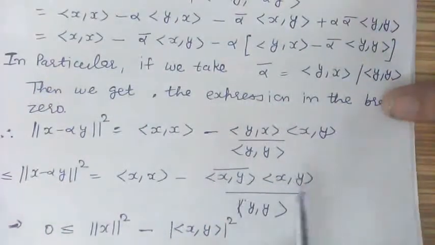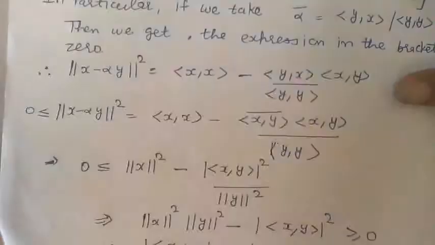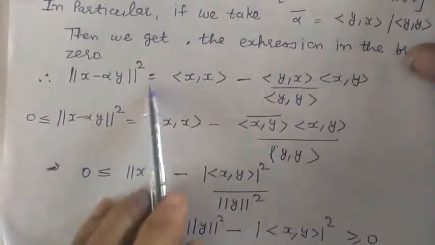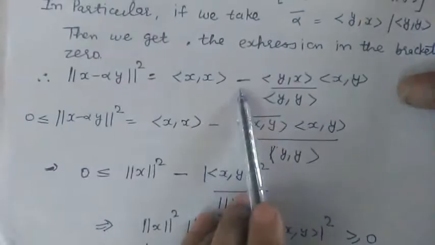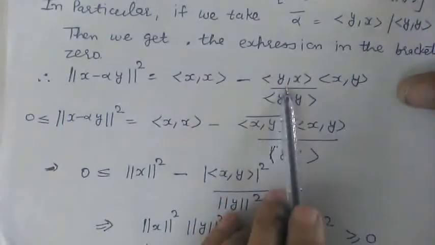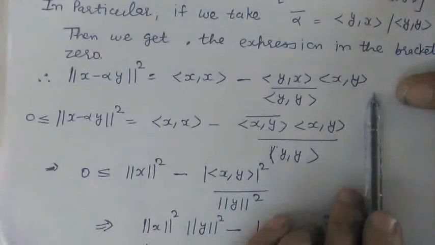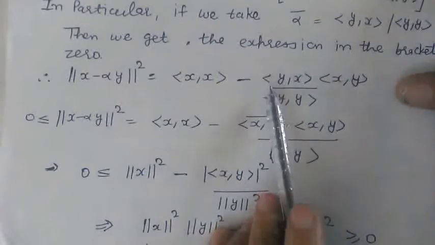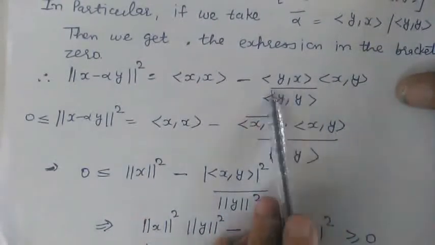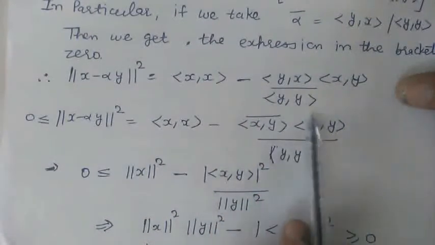So in this case the norm square of x minus alpha y becomes the inner product of x with x minus alpha bar into the inner product of x with y. Now substituting the value of alpha bar, which is the inner product of y with x divided by the inner product of y with y.